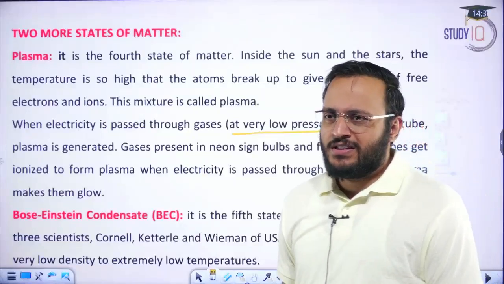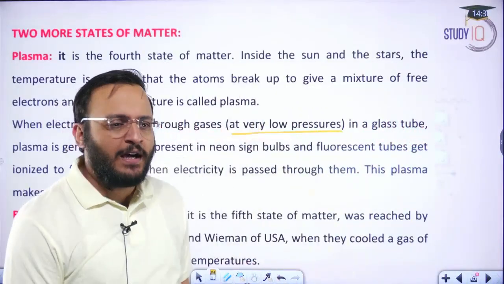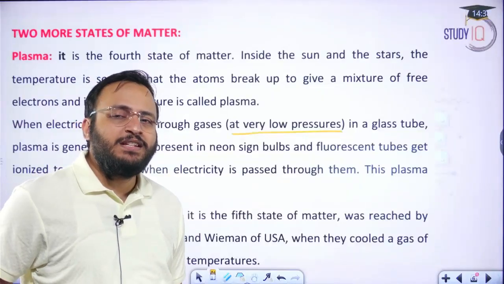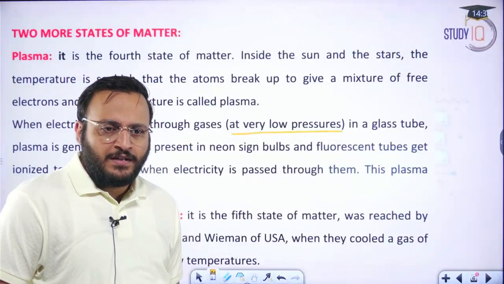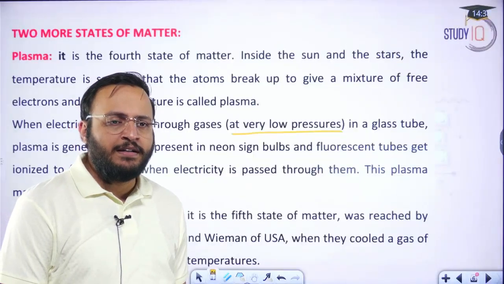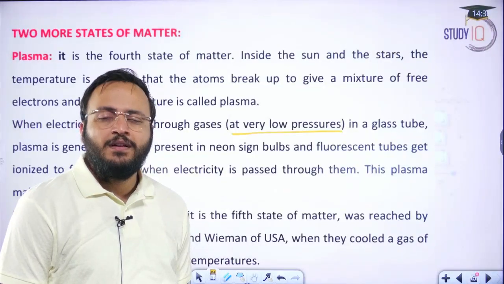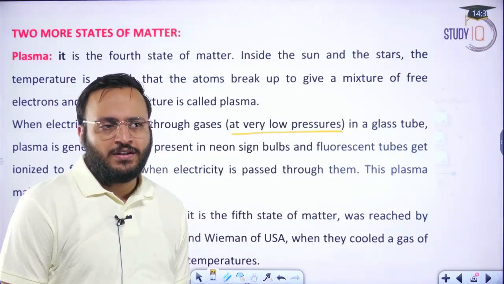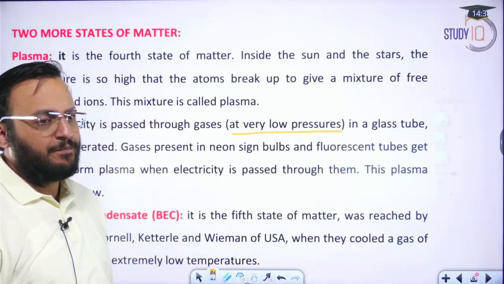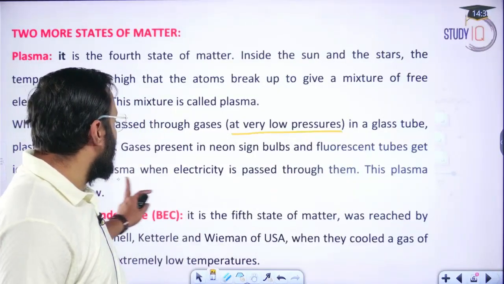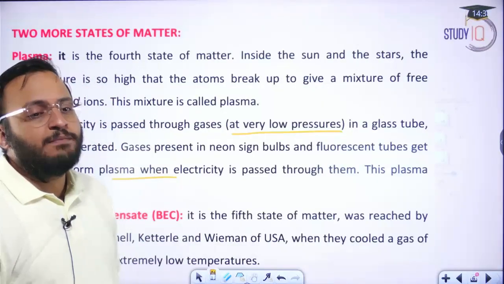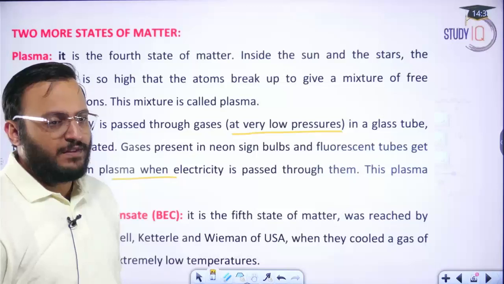That particular state before the popping of that glass tube is called the plasma state. In nature we have maximum entities in the plasma state. The sun is in the plasma state only. Okay, remember that. This plasma also makes the glowing effect.